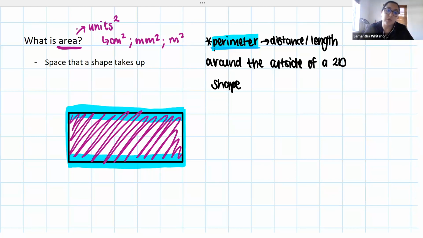That's because when we do eventually go and find these formulas and work out these areas, we're going to have 2 dimensions that we times together. And because we're timesing centimeter by centimeter, we get centimeters squared, or millimeter by millimeter, we get millimeters squared. So area is the amount of space that a shape takes up, and it is measured in units squared.